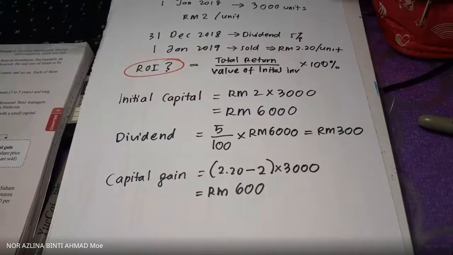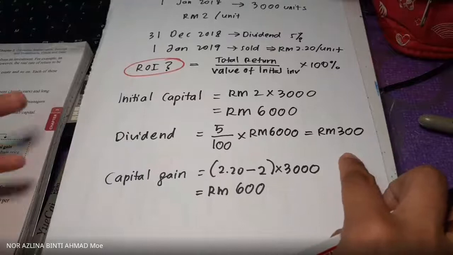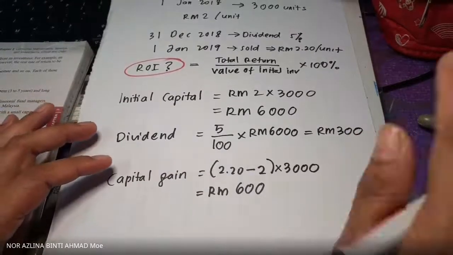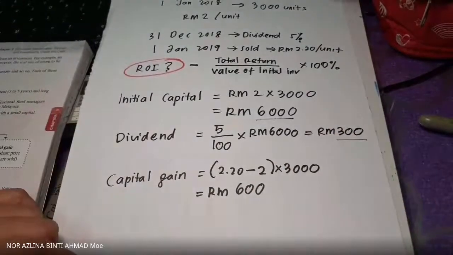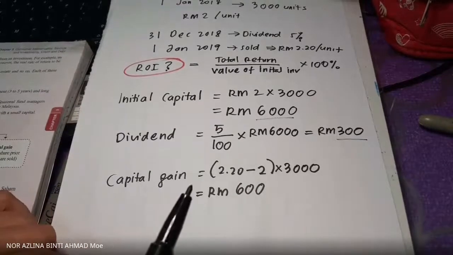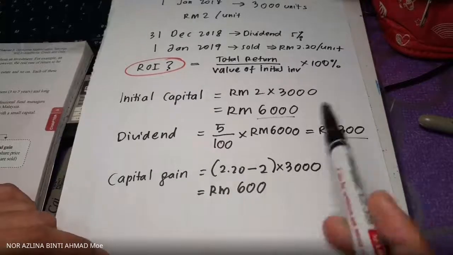Okay. Setakat ni faham tak? Dividen dia memang dapat 300. So tahun pertama tahun 2018 dia dah ada dalam bank dia dah ada dividen dengan duit ini. Tahun kedua dia nak jual dia punya share tu dengan harga RM2.20.